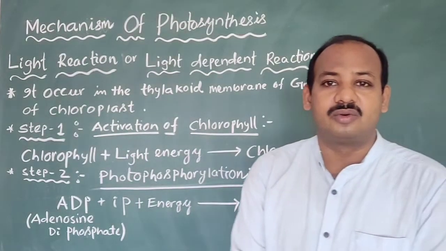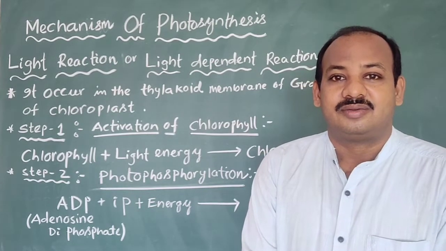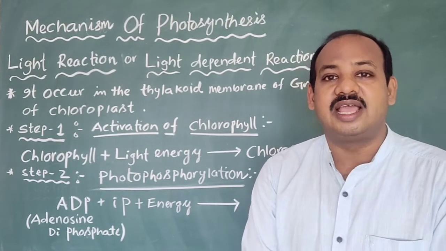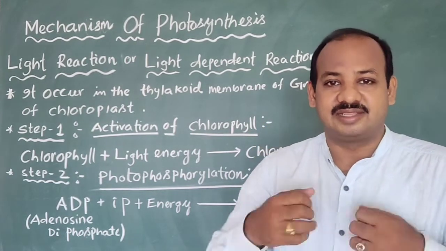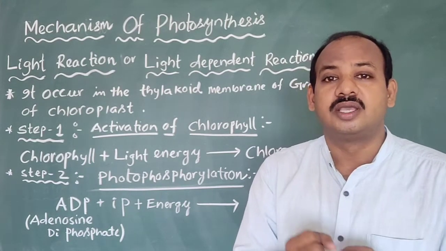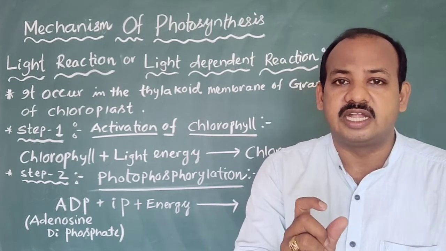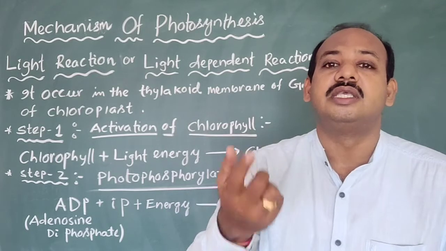Already children already know, ATP is called, what is it called? Adenosine triphosphate. They are the energy currency of the cell. Inside the body of any living organism, energy is stored in the form of ATP. Whenever required, the energy present in the ATP is utilized.